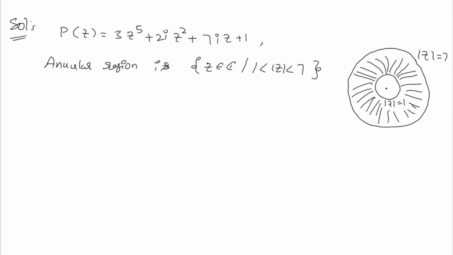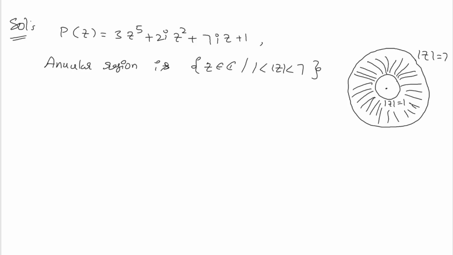So now we have to calculate the number of zeros of this polynomial p of z inside this shaded region. So for this we use the Roche's theorem. By using the Roche's theorem, first of all we calculate the total number of zeros inside the whole big circle with center 0 and radius 7.